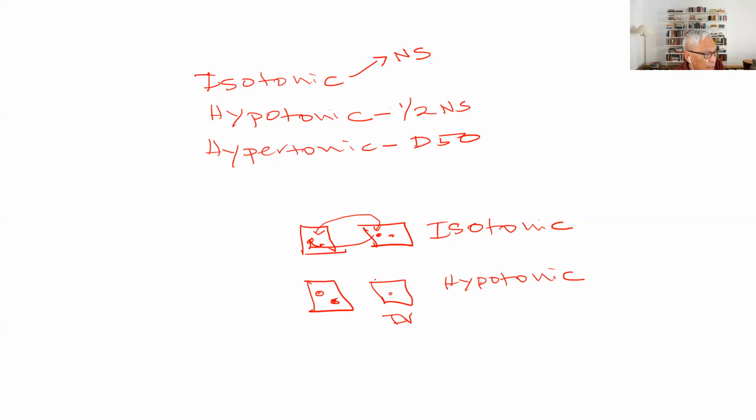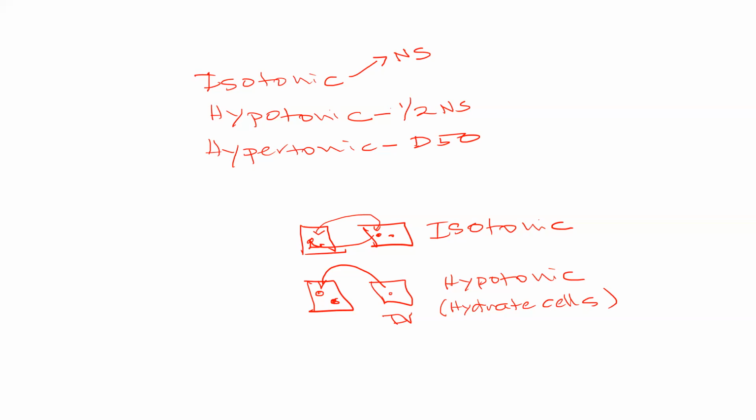So the water is going to go into the cell. So hypotonic solutions is if you want to hydrate the cells. So in diabetic ketoacidosis, are your cells dehydrated? Yes. So therefore, that's why we want to give 1/2 normal saline in order to push the fluid into the cells.